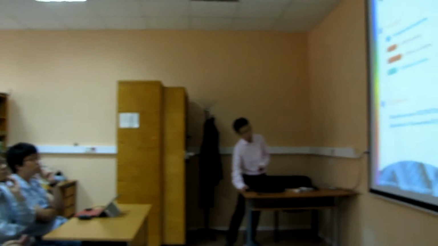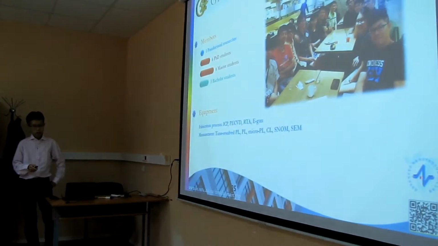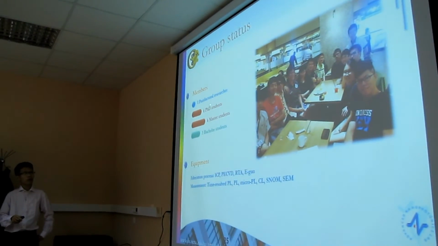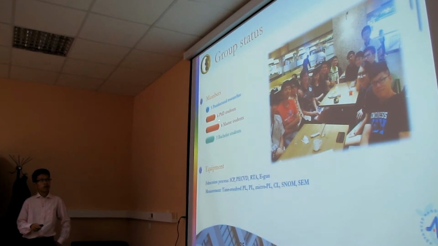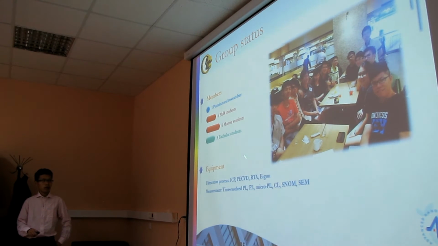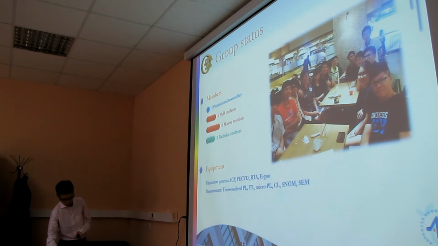Okay, on the next page I will show you our group status. The first one is our members. We have a postdoc, Dr. Fong, and 6 PhD students, 6 master students, and 3 bachelor students. Below, we show some of the equipment for applications like ICP, PECVD, and RTA. The optical measurements include time-resolved photoluminescence, micro-photoluminescence, and electroluminescence, and SNOM.